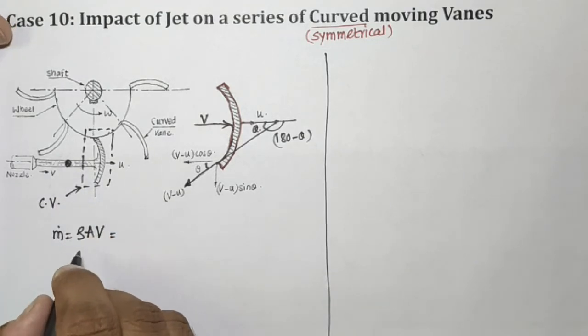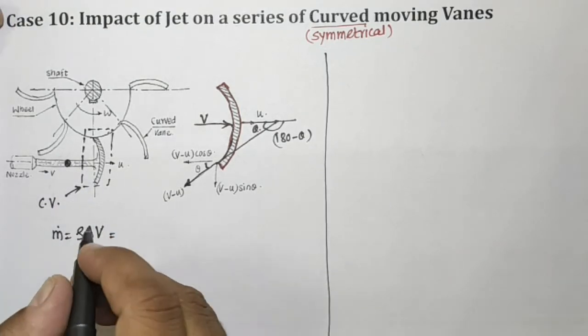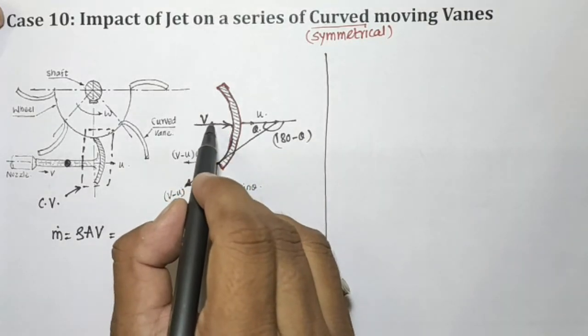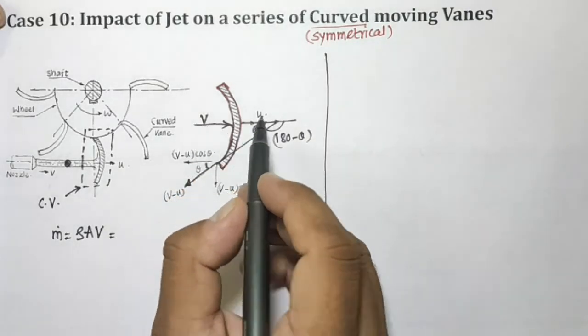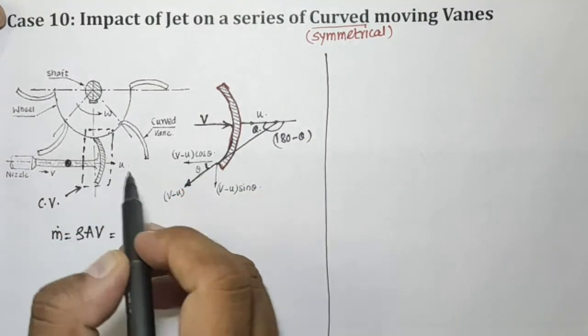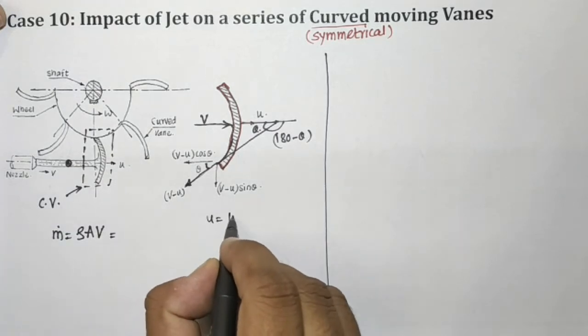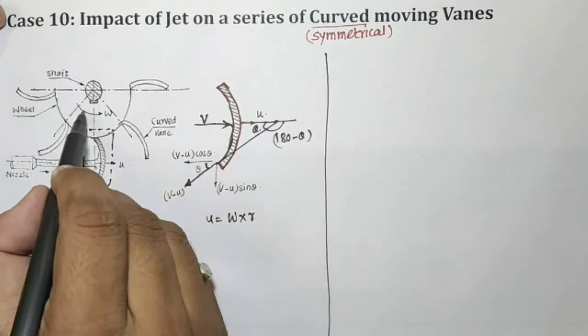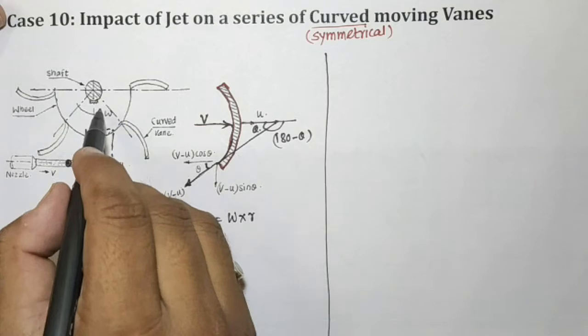Now the velocity of the vane which is being struck: the vane is moving with velocity u, where u is equal to omega into r. Omega is the angular velocity and r is the radius.